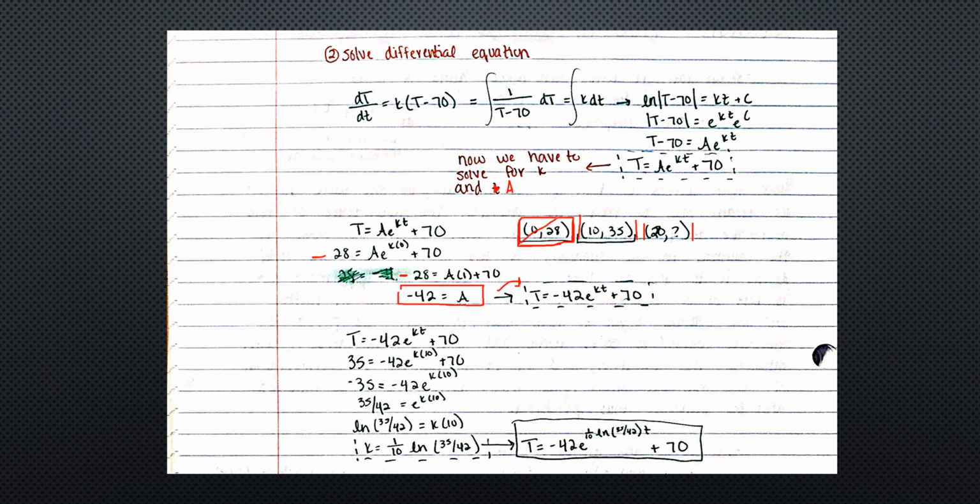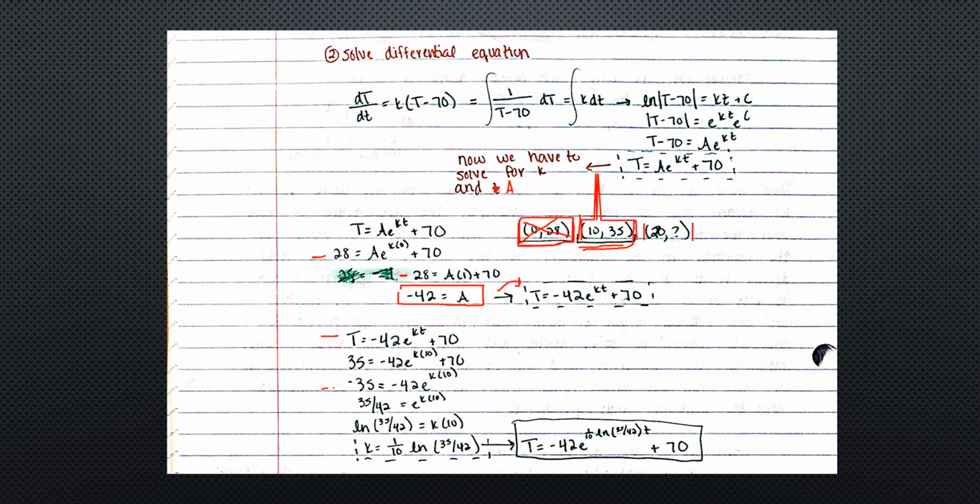So we already used the (0, 28) ordered pair. And so now we need to use our time 10, temperature 35 pair. So we have our equation again, T equals negative 42e to the kt power plus 70. And when we plug in our values, we get 35 equals negative 42e to the k times 10 power plus 70.